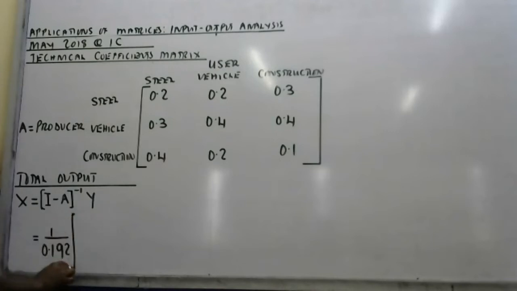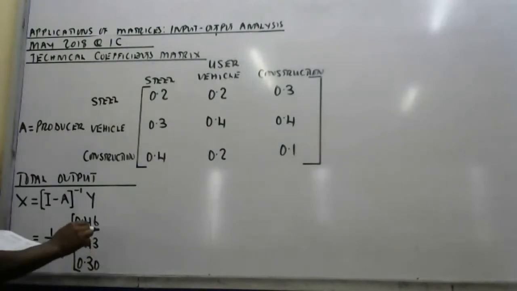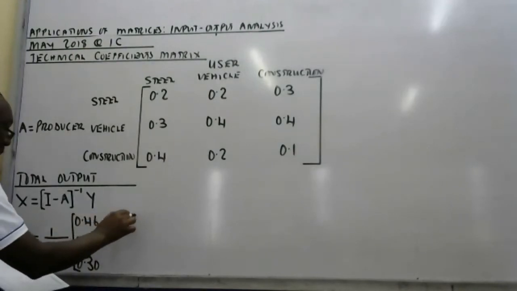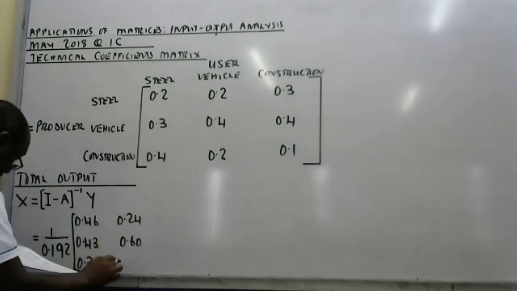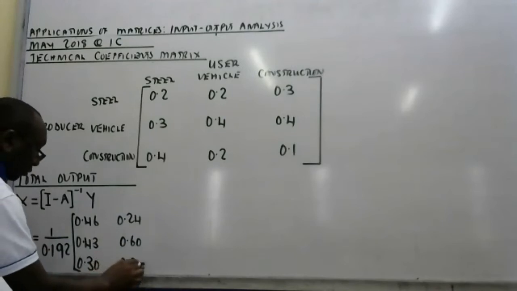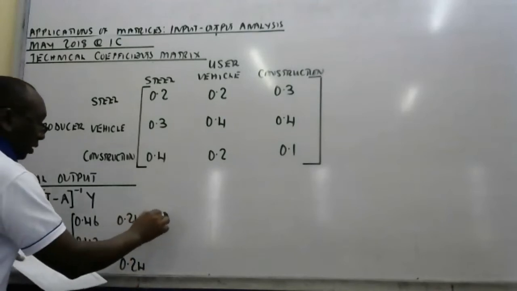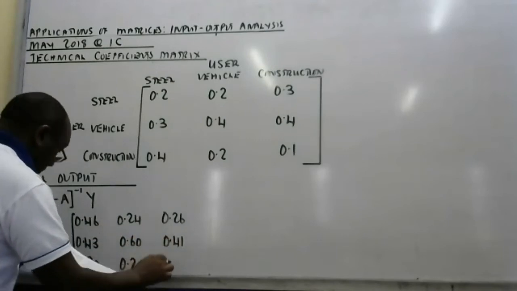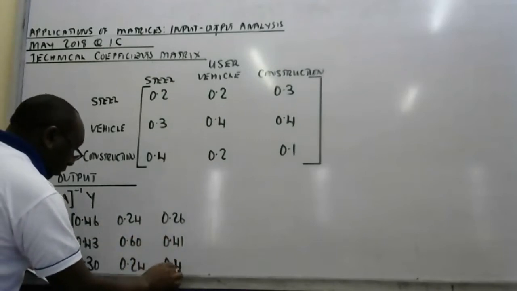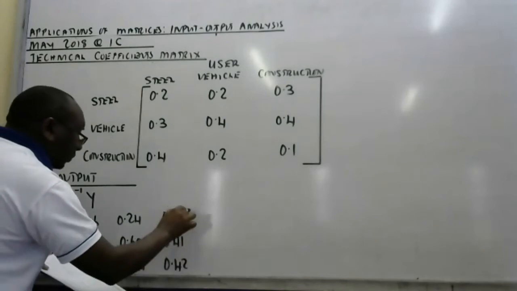The inverse is 1 out of 0.192, then we have 0.46, 0.43, and 0.30. Then 0.24, 0.60, 0.24, then 0.26, 0.41, 0.42.